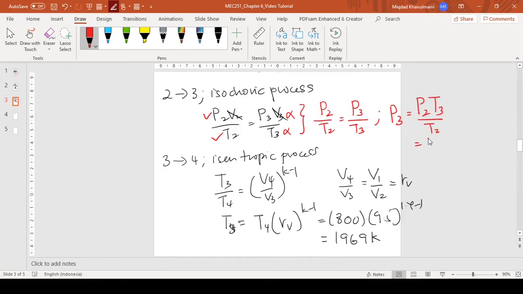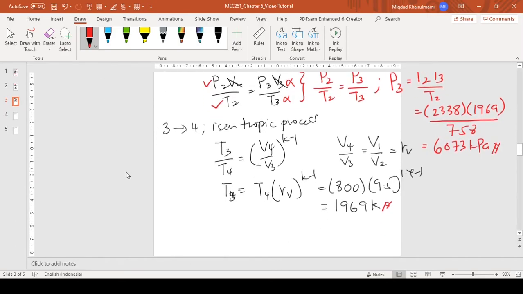P2 we have already calculated as 2338, T3 was 1969, and T2 was 758. So this should get around 6073 kilopascal. So we have already solved for the first item from the question, at state 3. Next we go to state 4.